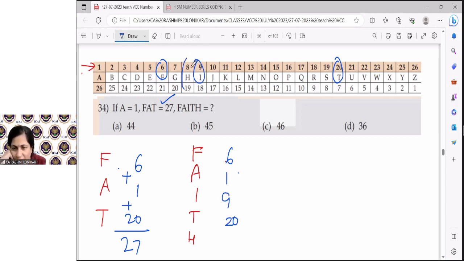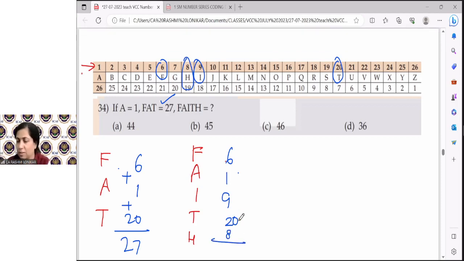And H is 8. So when I add them up, 6 plus 1 plus 9 plus 20 plus 8, how much will I get? 44. So A will be the correct answer. Understood?